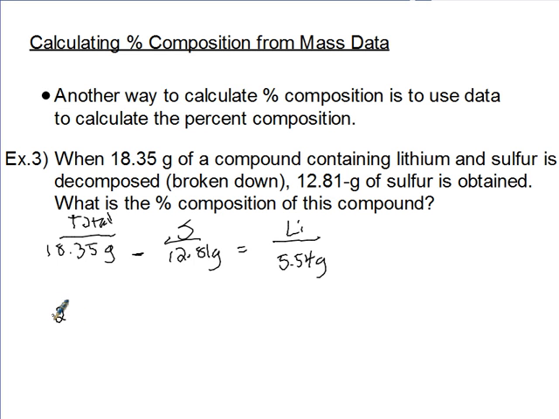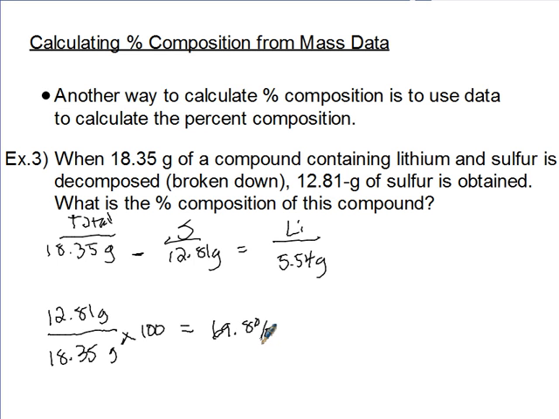So for sulfur, I'll do 12.81 grams over the total, which is 18.35 grams, times 100, and that comes out to 69.8%. I think my sig figs are off there, but that's okay. We'll let it slide this time.